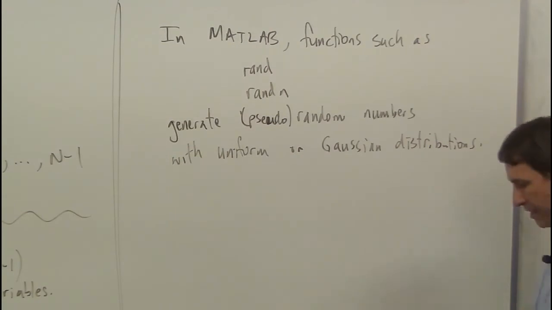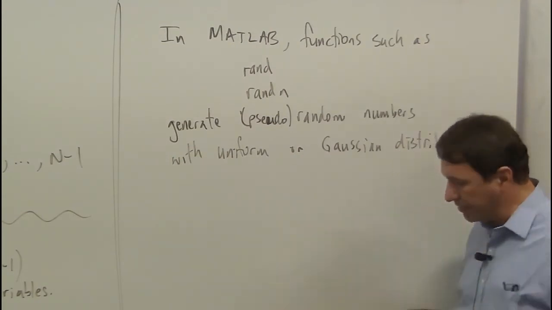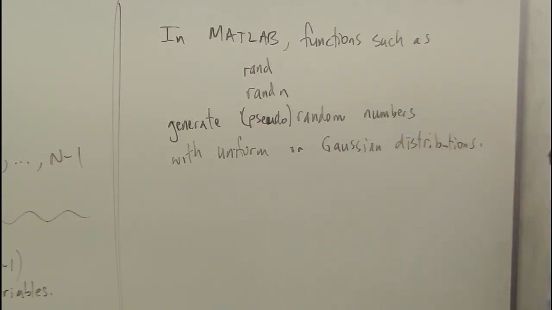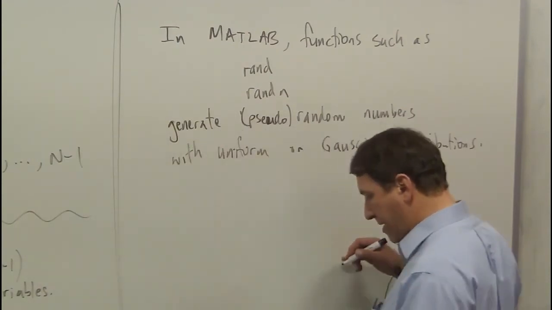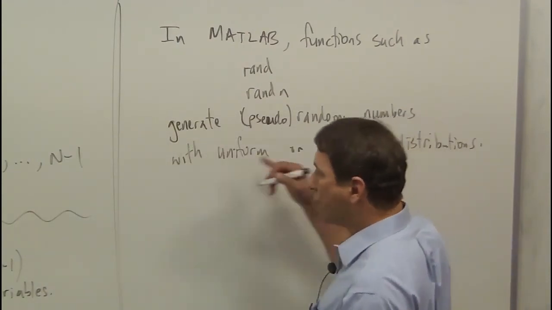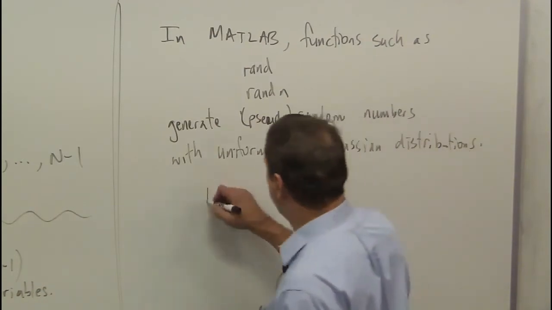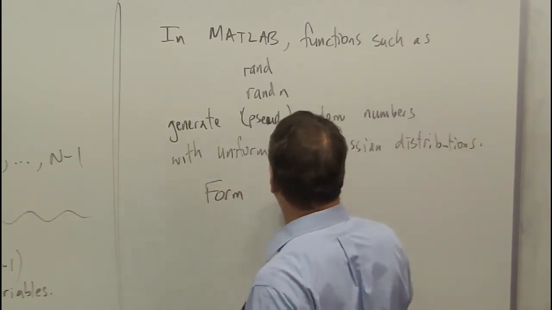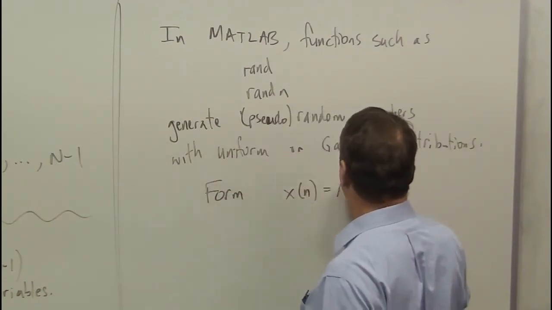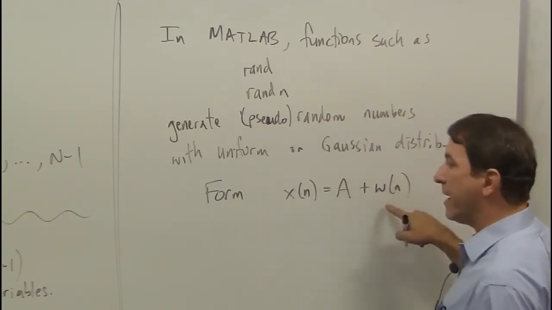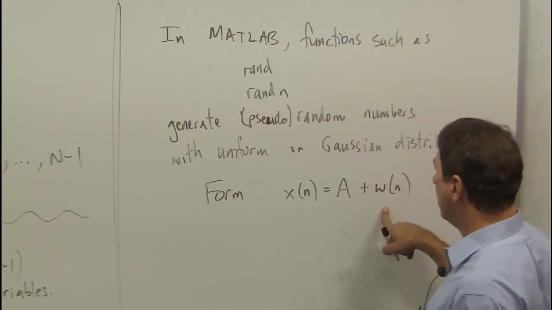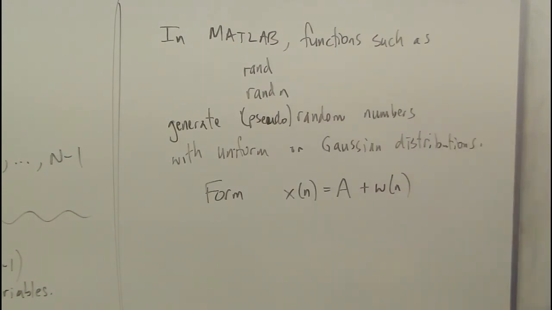And there are ways also to approximate the generation of correlated random values in certain situations. And so what we do then is, from these random numbers that we generate, we form x of n equal to, in our case, A plus w of n, once we have the w's, for this trial.